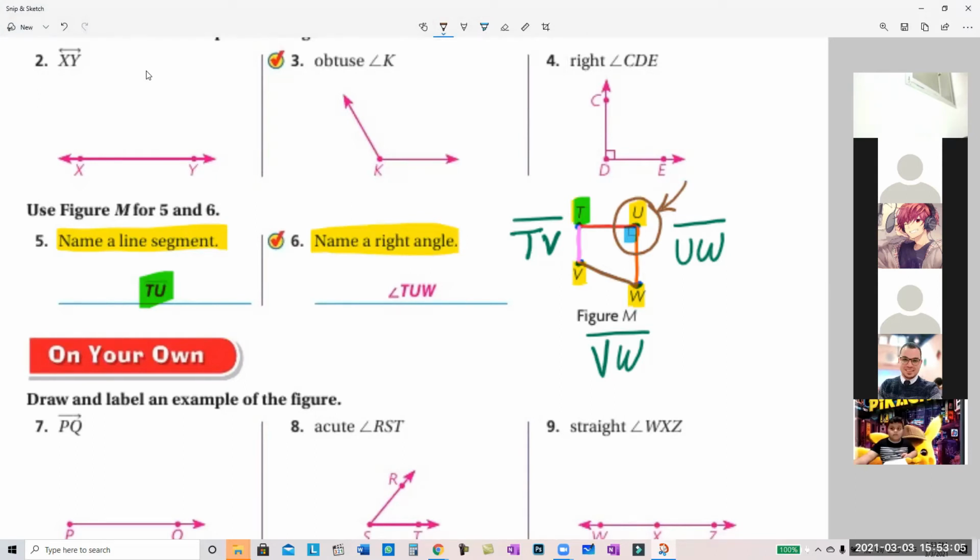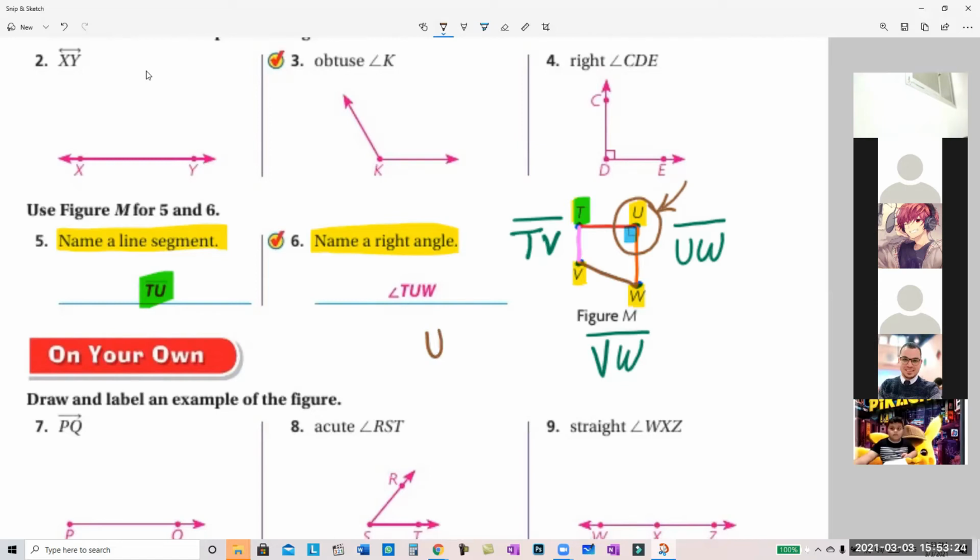So you have to read the angle with 3 letters, okay? The vertex must be in the middle. So let's write the vertex first, which is U. Firstly, write U. That's our vertex.